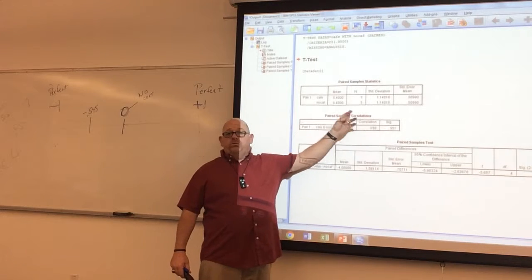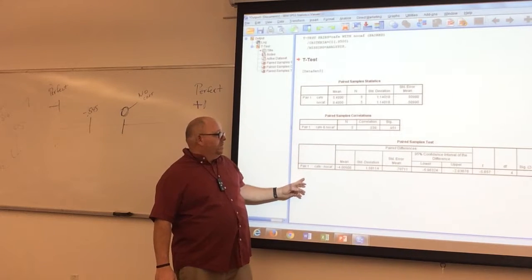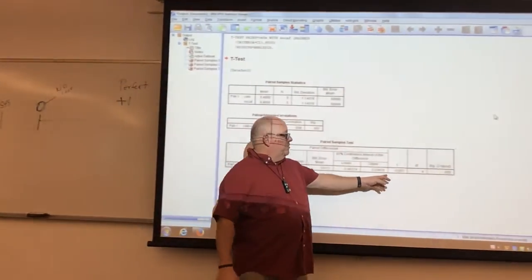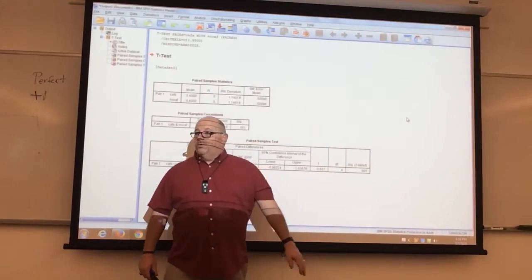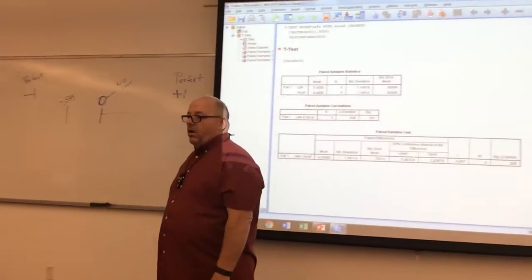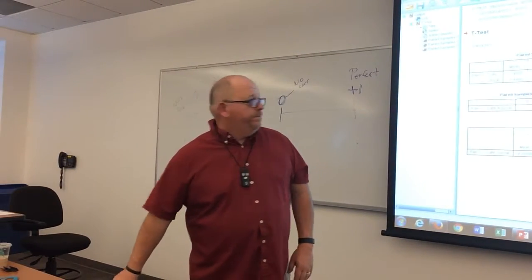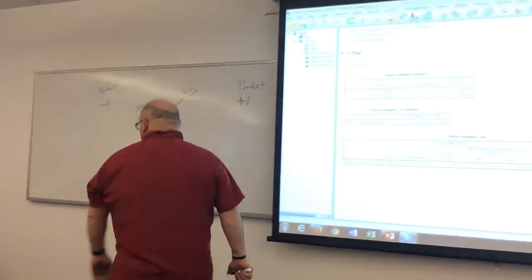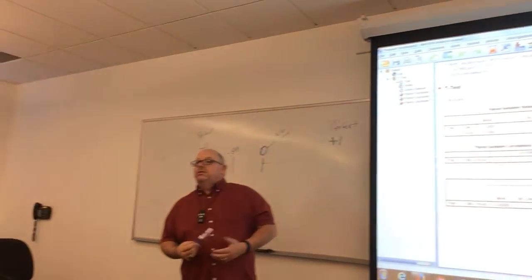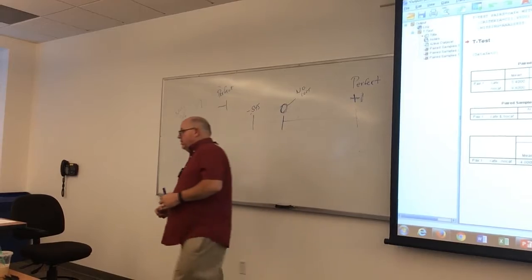Down here, you're going to be dealing with t-values, DFs, and your significance. Those are the important points that you need to find along the path to be able to write these things up. Are there any questions? Anything you didn't understand? Okay?